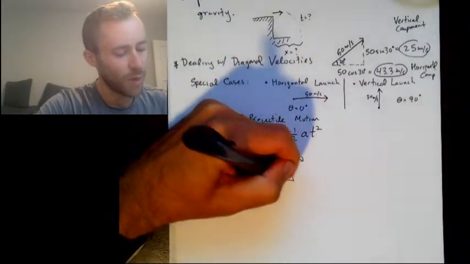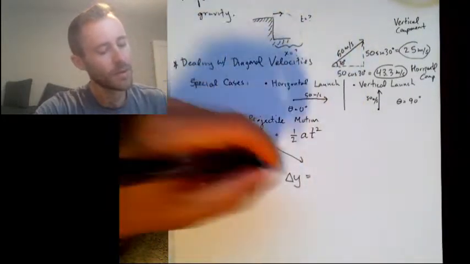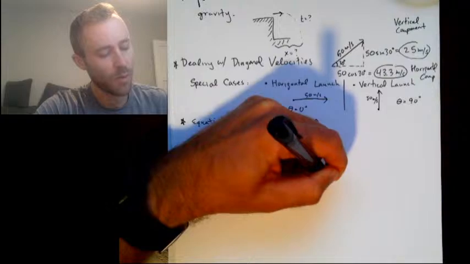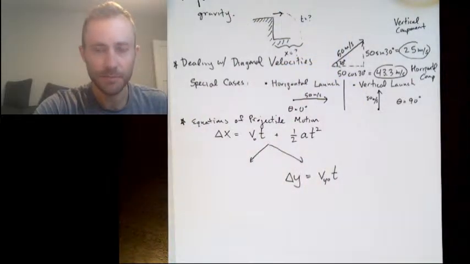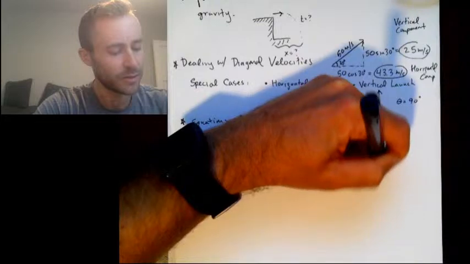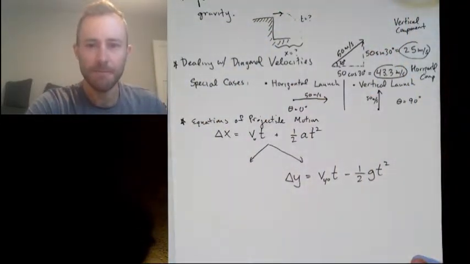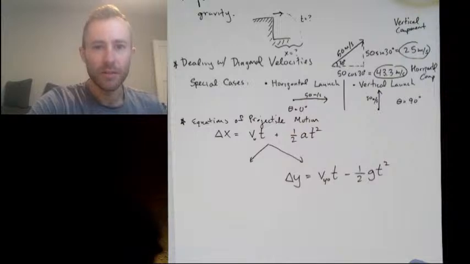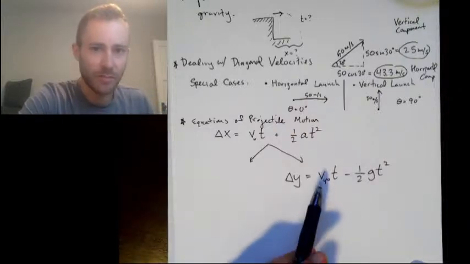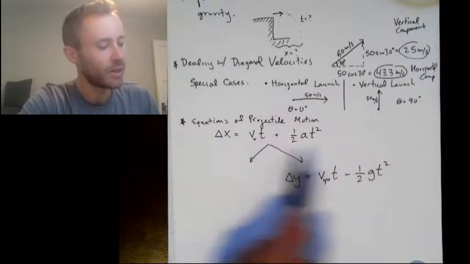So your delta y equation is going to be vy naught times t minus 1/2 gt squared. Okay. So notice how this has the same structure as our delta x equation.